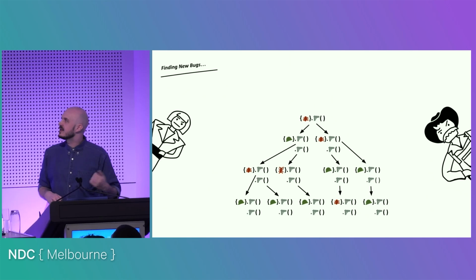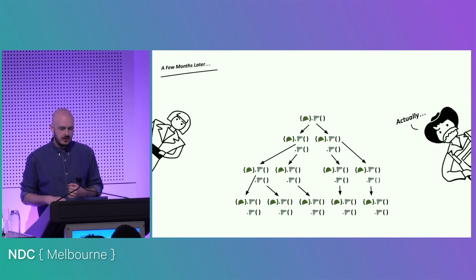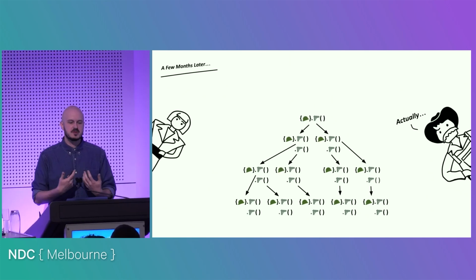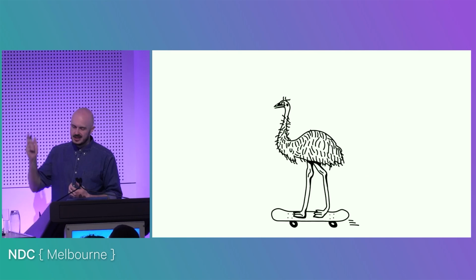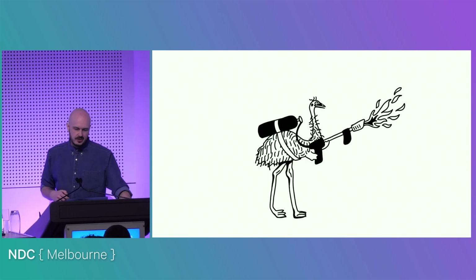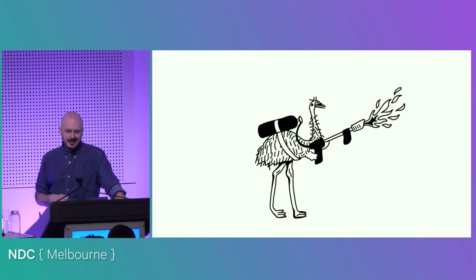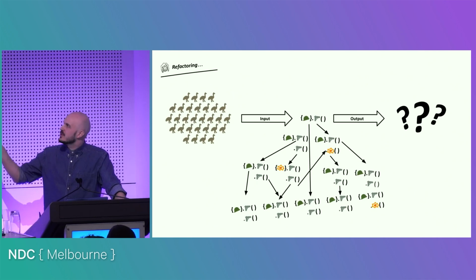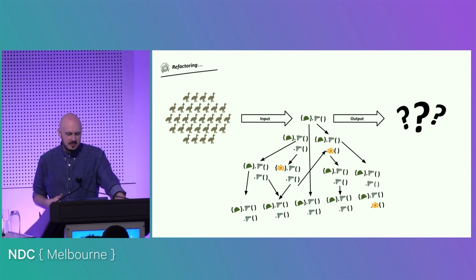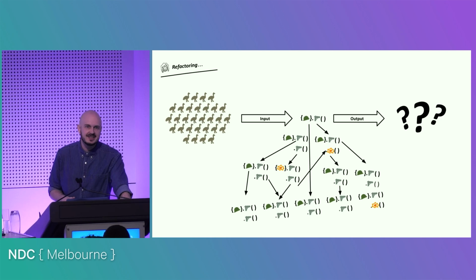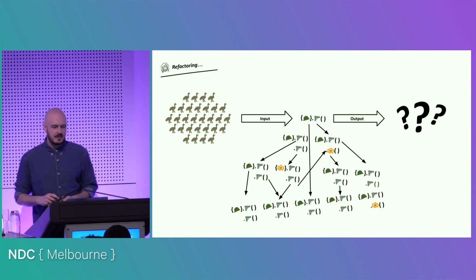We're dreading the day that they find even more bugs for us. Or even worse, what happens if the problem space develops? What if a couple of the emus learn to ride a skateboard, or one of them invents the flamethrower? Refactoring this horrible code base to deal with those new problems is not going to be fun, not going to be easy, not something we're going to look forward to.